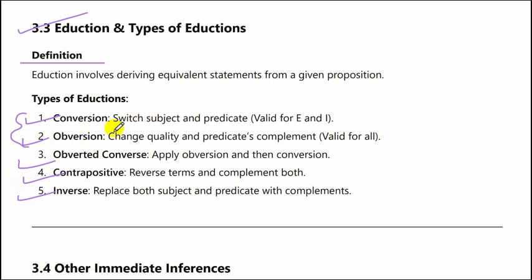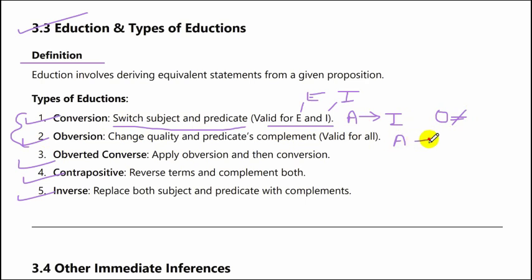Conversion switches the subject and predicate, and it is valid for E and I. The converse of E is E and the converse of I is I. For A proposition, the converse is I. That's it. And for O, it is not valid.